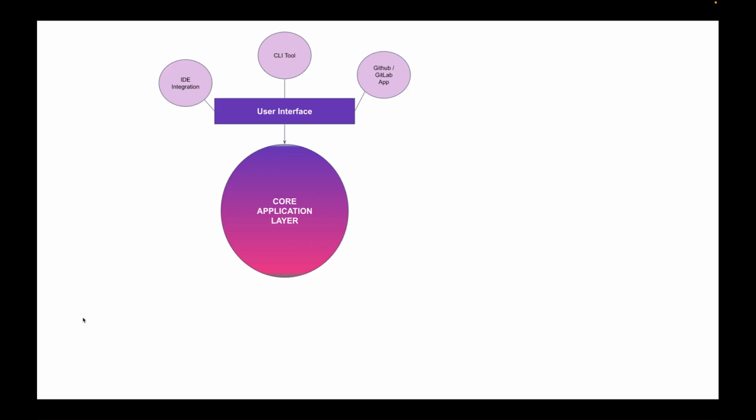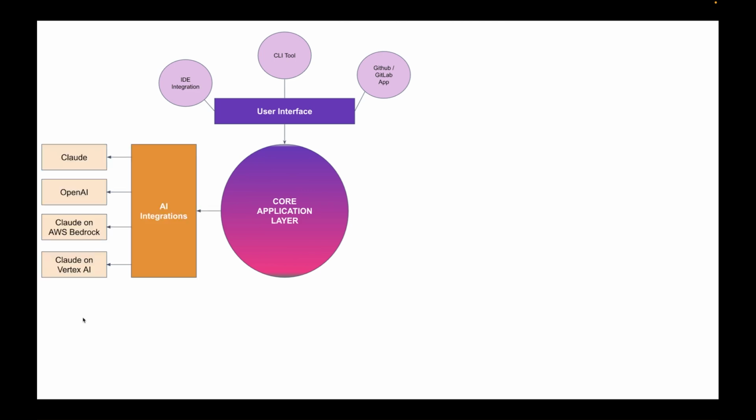That part is responsible for understanding, reasoning, and turning plain language into executable steps. Now, the AI integration layer takes over. It connects to Claude or the supported large language models, such as Claude on Bedrock or Vertex AI or OpenAI, or the model that the developer has chosen and configured.